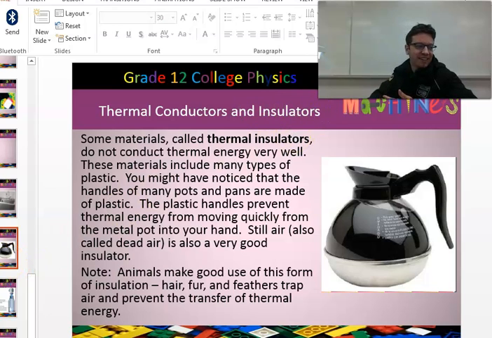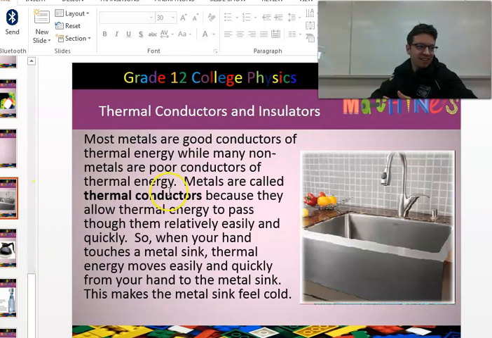So what does that mean again? Let's go over these definitions. A conductor is very good at transferring thermal energy, and an insulator is not. So even though the metal rod and the plastic rod are at the same temperature, you go to touch the metal rod, it's very good at taking its thermal energy and transferring it to your hand, and it will do so quickly.